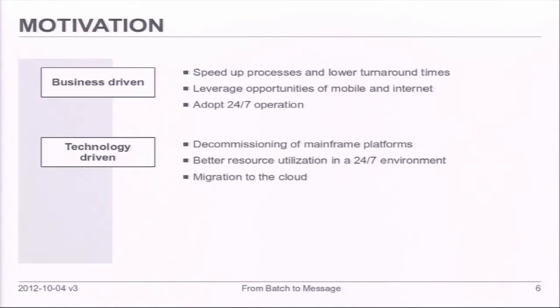So, speaking about the reasons why some organizations want to migrate from a batch world to an online world or to a message-oriented architecture, some motivations are business-driven. For example, you want to speed up processes and provide your customers or clients a faster turnaround time so that they get their results faster.